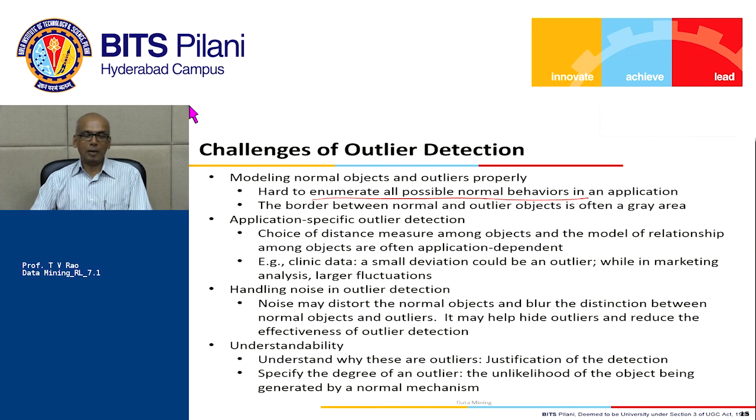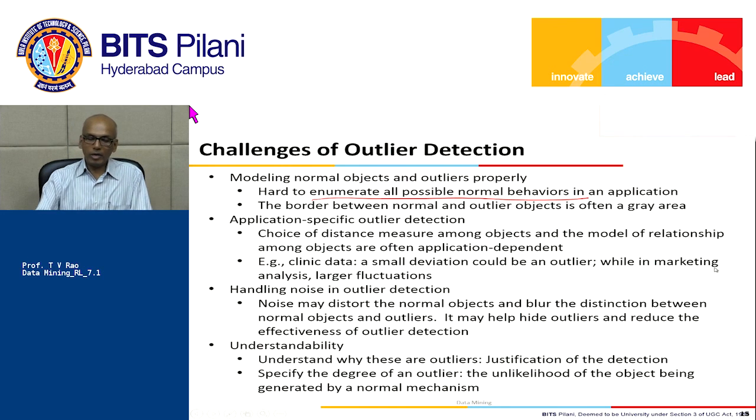And the application knowledge is very important, as we have discussed what is a credit card fraud and what is a malware attack. In both these contexts, the knowledge that is required is very different. As you can see in an example, if you're looking at clinical data, a small deviation can make an outlier.